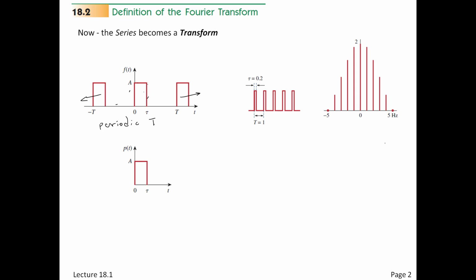We saw in the last chapter that the coefficients, the c sub n, were equal to 2 times the sinc function, the sine of n pi over 5 over n pi over 5, where 5 was based on the duty cycle.